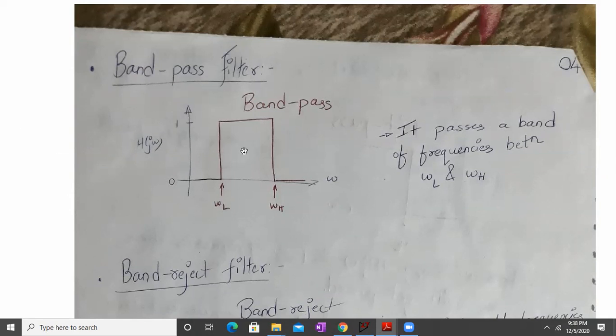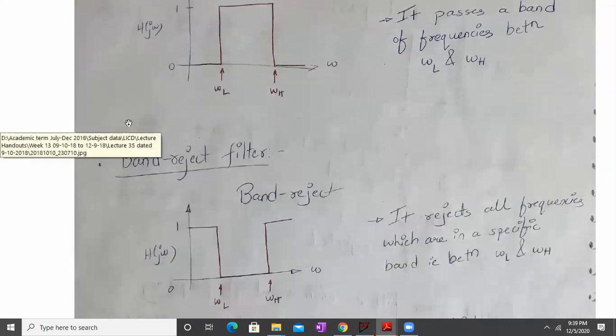The band pass filter will pass a band of frequencies between omega L and omega H. It will reject all the other frequencies. Mathematically, between omega L and omega H, h of j omega will be 1, and for omega less than omega L and omega greater than omega H, h of j omega will be 0. That's the ideal response.